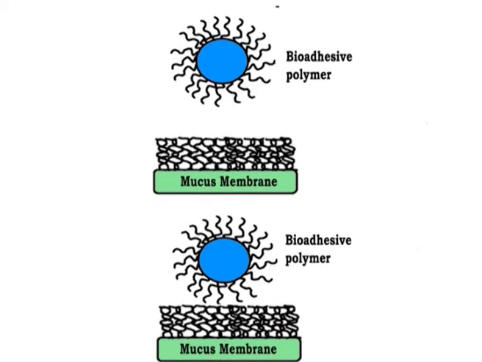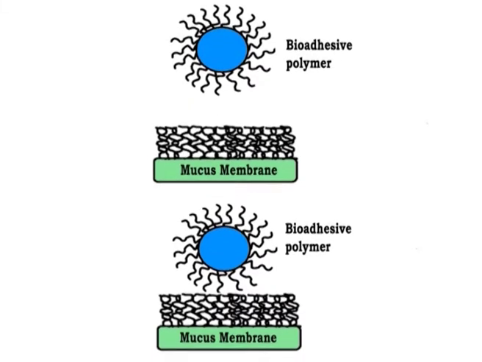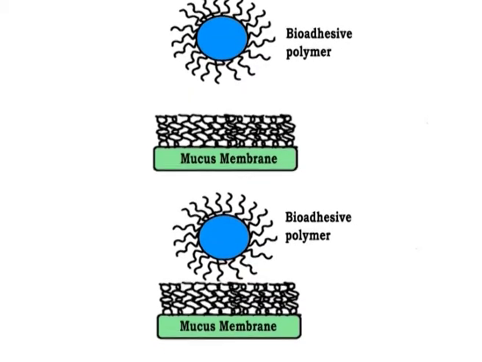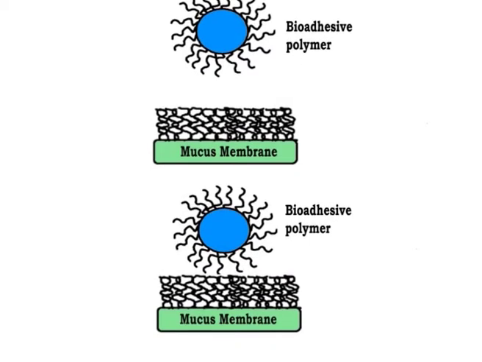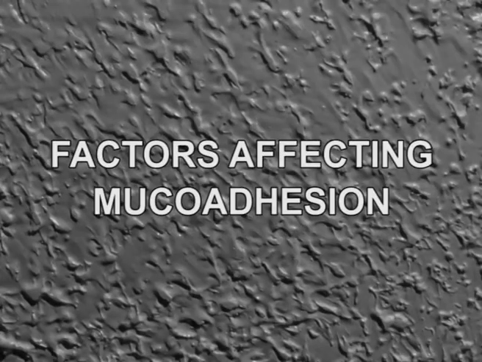Diffusion theory describes the interpenetration of both polymer and mucin chains to a sufficient depth to create a semi-permeable adhesive bond. So, this is about bioadhesion and mucoadhesion and the different theories. Now, come to the factors affecting mucoadhesion.